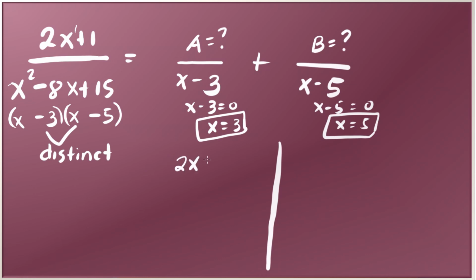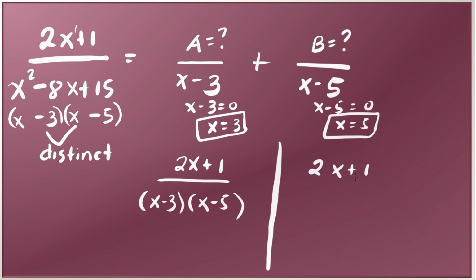Before we plug in, let's copy the 2x plus 1 over x minus 3, x minus 5. We're going to need that same 2x plus 1 on the other side, x minus 3, x minus 5. When you plug in the 3 to this rational expression, this part becomes 0, so you don't want that 0 underneath because that will make this undefined.